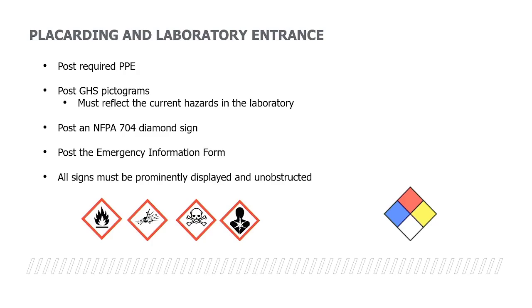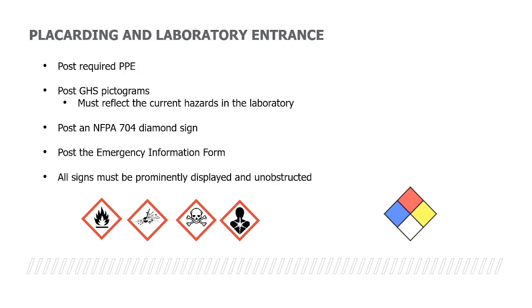On the outside of the main entrance of the laboratory doors, they're going to have specific placarding information posted there to let individuals know what potential hazards they could encounter if they enter that particular laboratory space. Post required PPE. What kind of PPE do I need to wear before I enter this particular location?